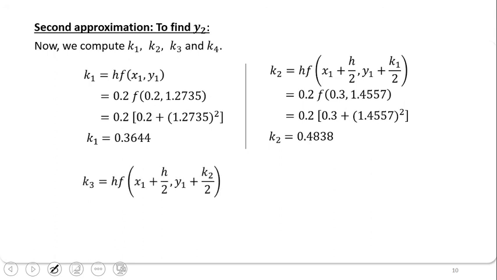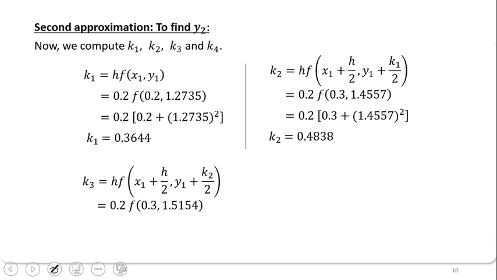Now write down the formula for k3. k3 is h times f of x1 plus h by 2 comma y1 plus k2 by 2. Now substitute the values of h, x1, y1 and k2 here. It is equal to 0.2 times f of 0.3 comma 1.5154.